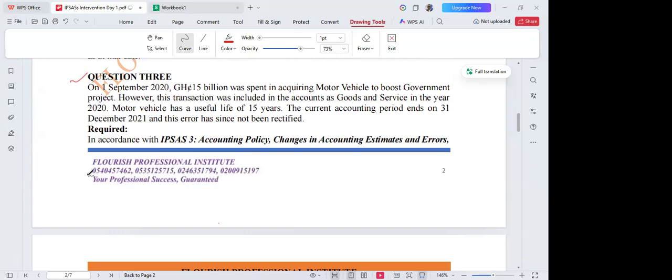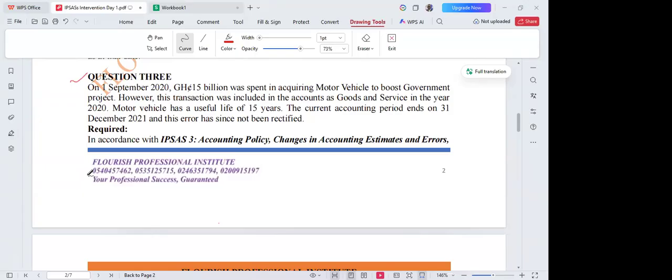Question 3. On 1st September 2020, 15 billion was spent in acquiring motor vehicles to boost government projects. However, this transaction was included in the accounts as goods and services in the year 2020. The motor vehicle has a useful life of 15 years.